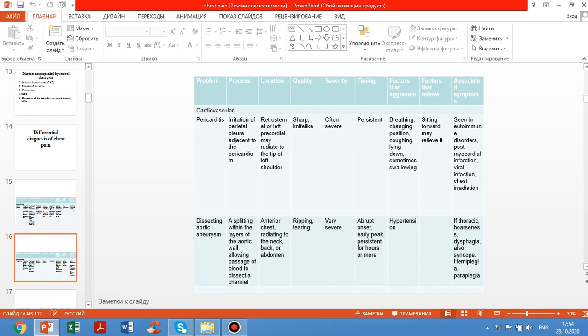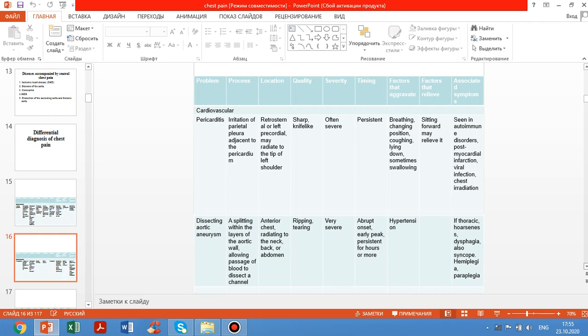Dissecting aortic aneurysm. The process is a splitting within the layers of the aortic wall, allowing passage of blood to dissect a channel. Location is the anterior chest, radiating to the neck, back, or abdomen. Quality is ripping, tearing.